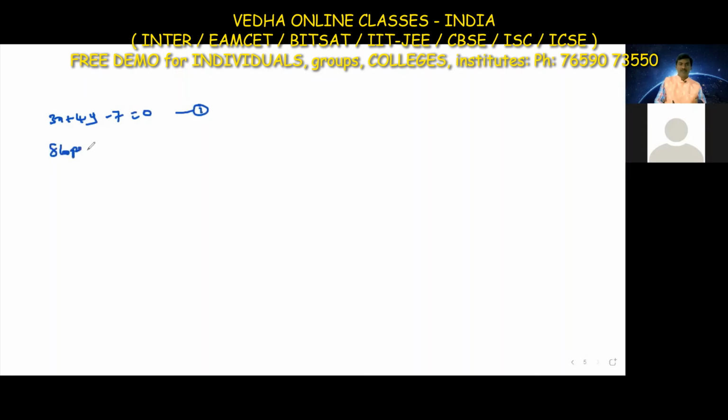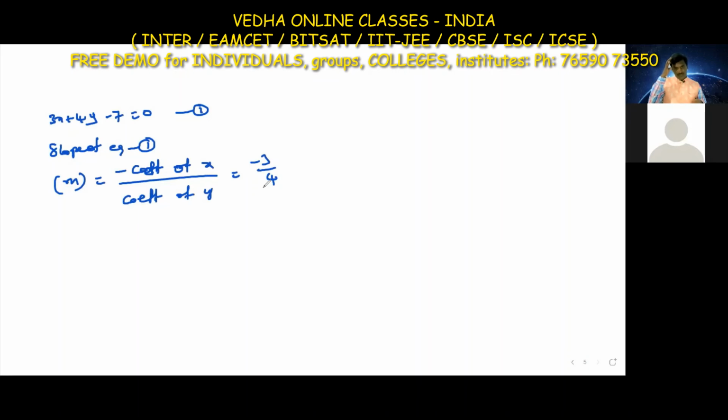So the slope of equation 1: m is equal to minus coefficient of x divided by coefficient of y. That is minus 3 divided by 4, so minus 3 by 4. This is the slope of equation 1.